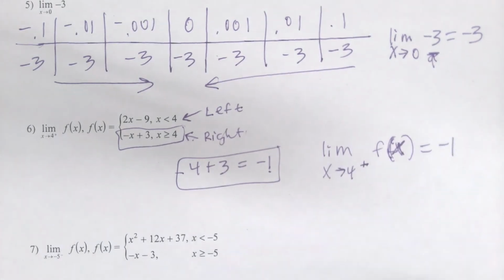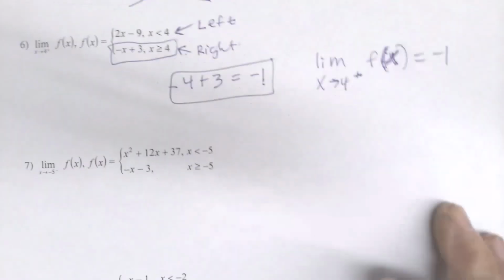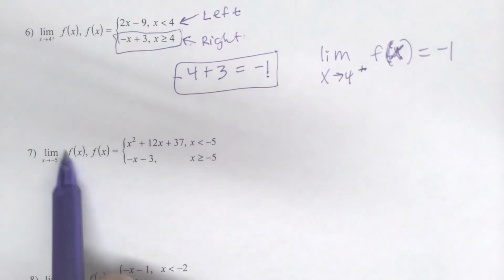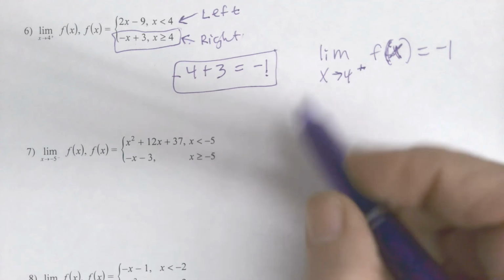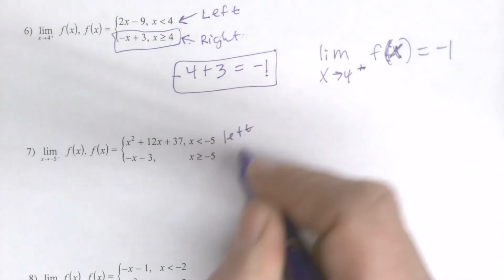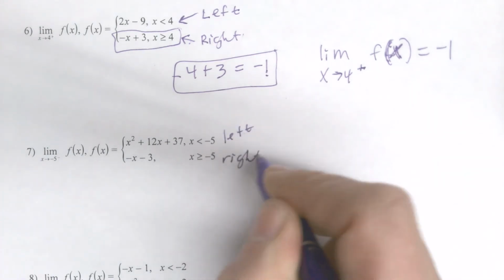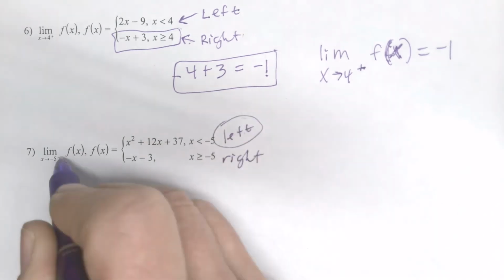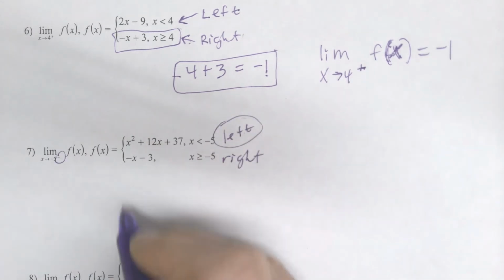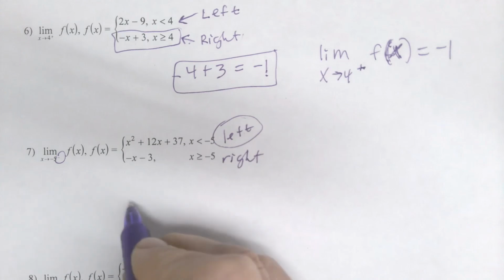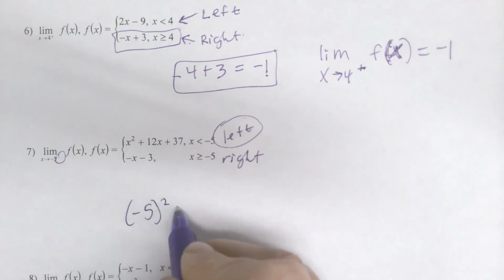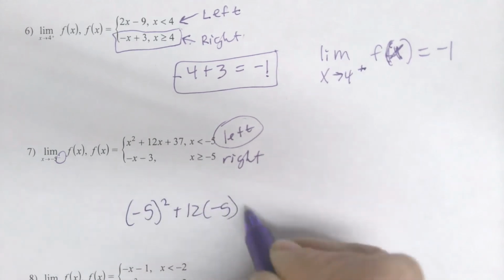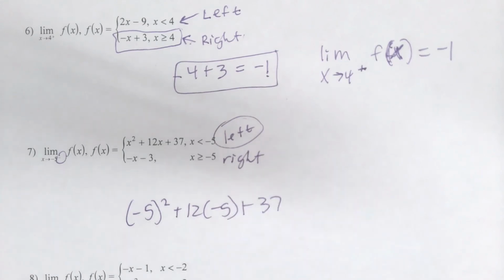That's where it's going. If I look at the next one, I'm interested in the limit as x approaches -5 from the left. Well, here's the left-hand portion, here's the right-hand portion. All I care about is the left-hand portion because it's from the left. So I'll go ahead and plug that -5 in there: -5 squared plus 12 times -5 plus 37. So no real table needed.